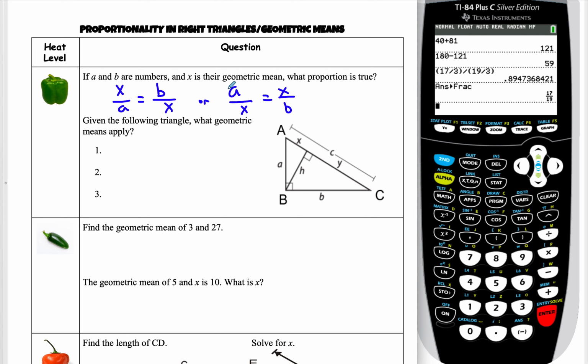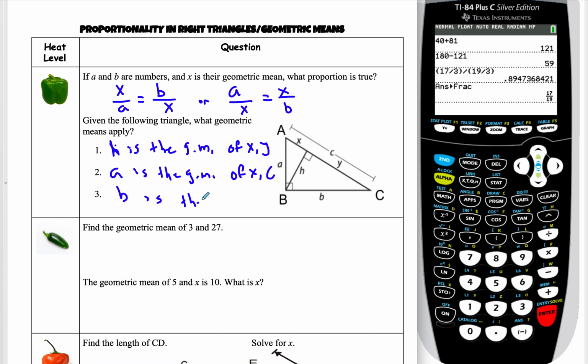Okay, so given the triangle, and again, the video talks about this, the following geometric means apply. h is the geometric mean of x and y. a is the geometric mean of x and c, the hypotenuse, and b is the geometric mean of y and c.